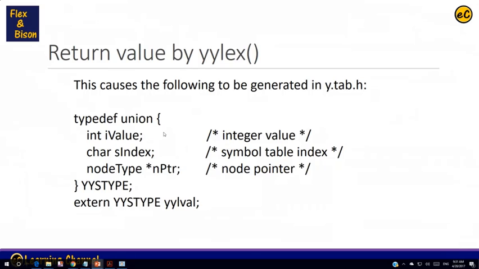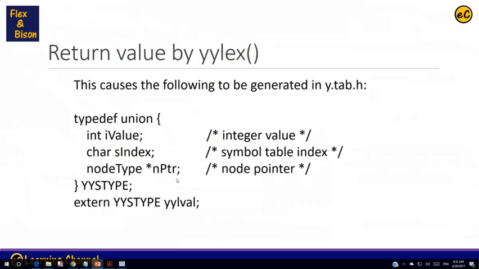For calculator 3, it allows yylex to generate three data types. One is an integer value. When you have an integer, we return it as an integer. And when you have the symbol table index, we return a character, which is 8 bits, I'm sorry, 8-bit, 256 entries of the symbol table, and this is only 1 byte.